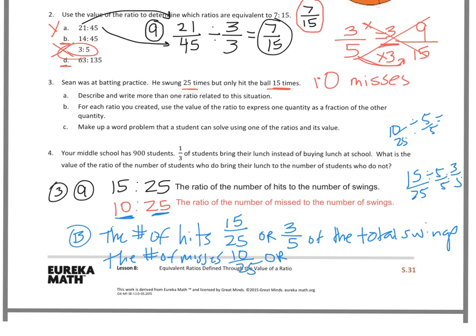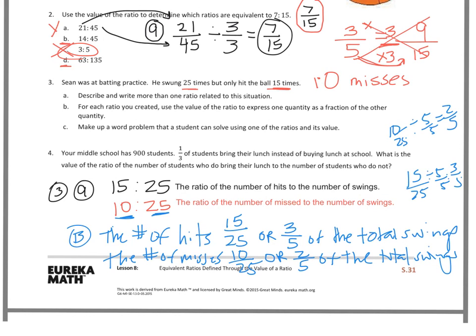And again, 5, so that's going to be 2/5, or 2/5 of the total swings. And I could say 2/5 of the total swings were misses. But that's how I'm going to make these statements to describe them. That's a little challenging. C, I'm going to leave to you.